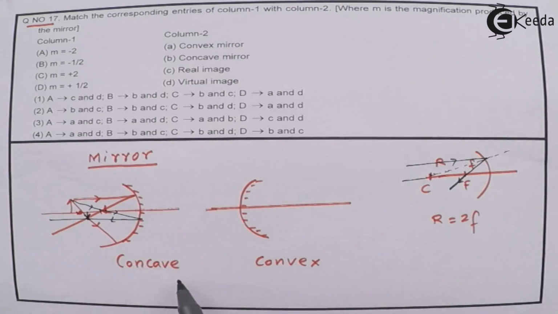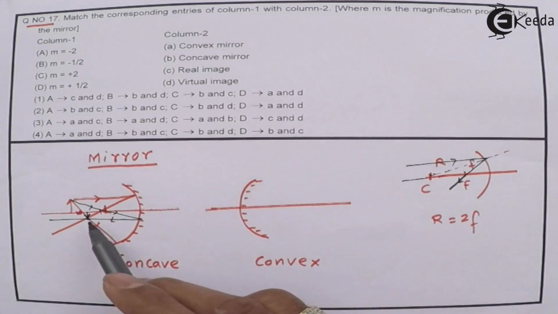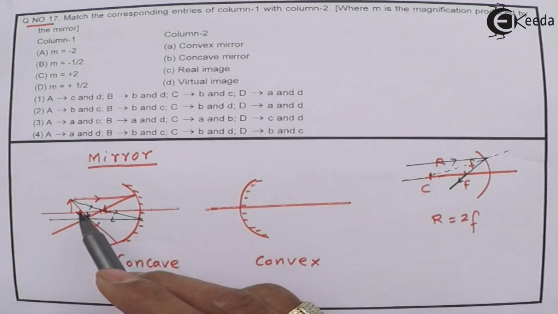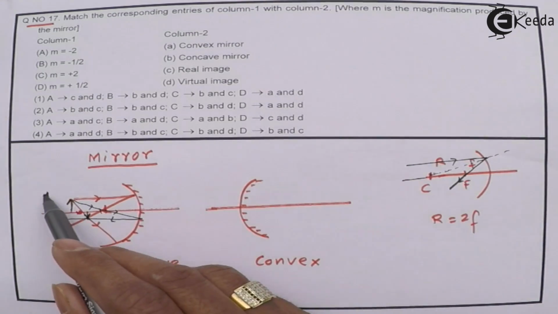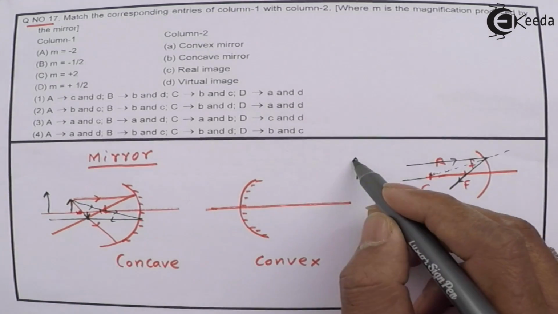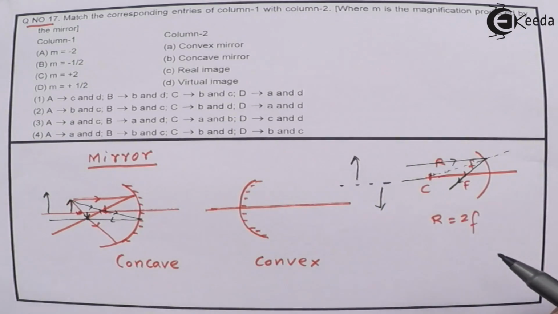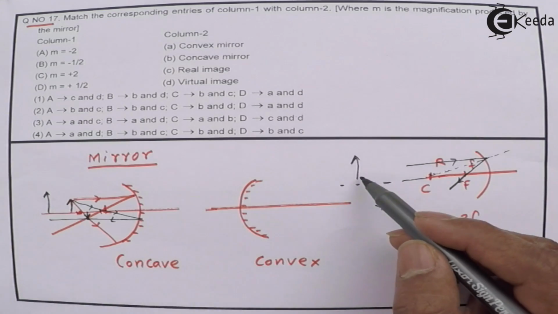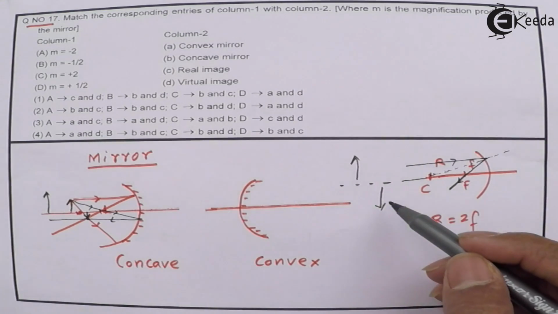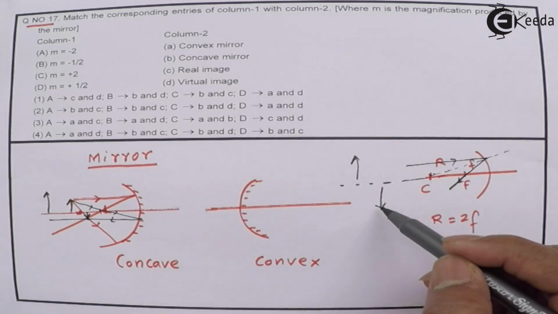So in case of a concave mirror, we get an inverted image. Inverted image means the magnification is negative, because this is the object, and the image is inverted. The object size is positive but the image size will be negative because it is downward.